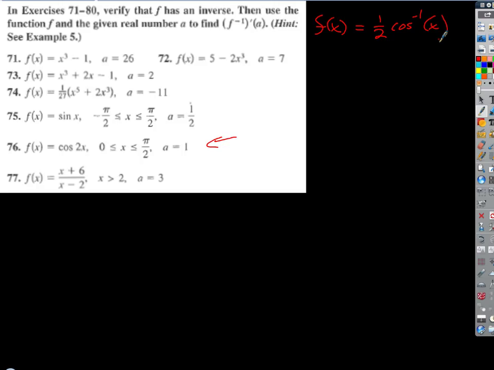Did they give you a point then too? Yeah, the one I had was 5 arc secant 5x, and then x equals 2/5. That's all they gave me. So this one would have been 1, 0 would have been the point.